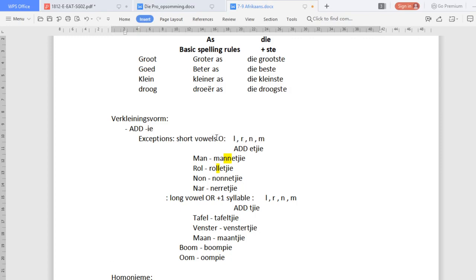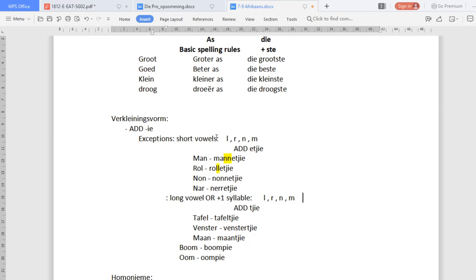This is also words ending, no, I'm at the wrong place. Here. Or it's words ending on a vowel. Sorry, let's just say here.